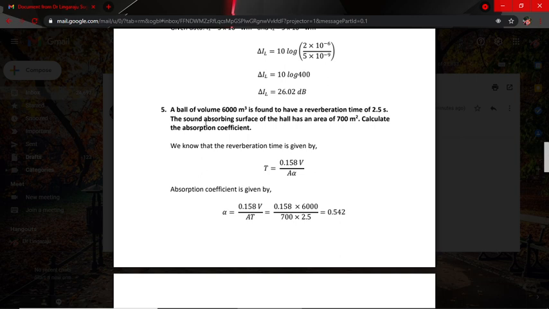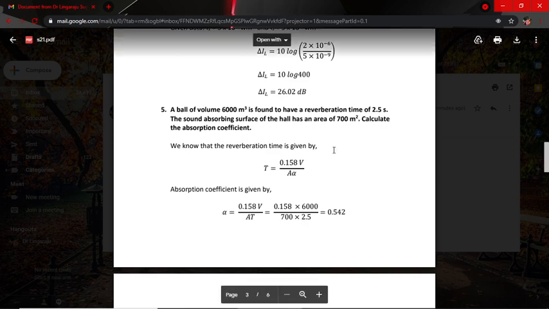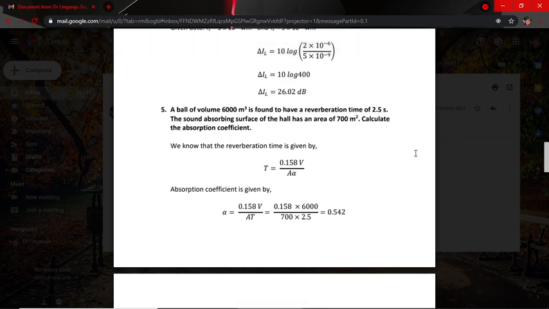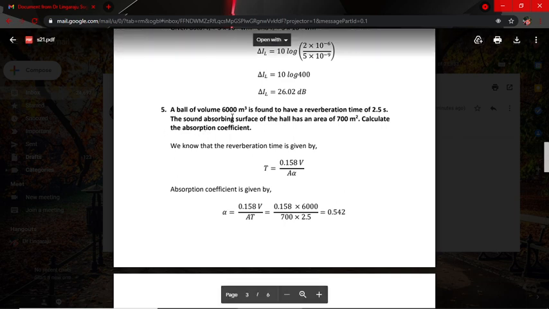The sound absorbing surface of the hall has an area of 7000 meters square. Calculate the absorption coefficient.